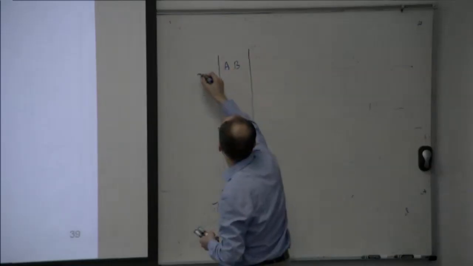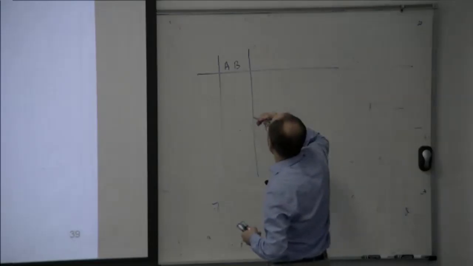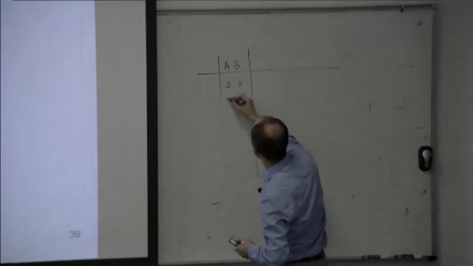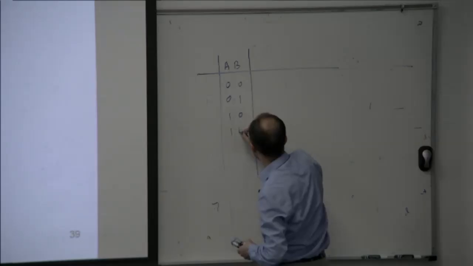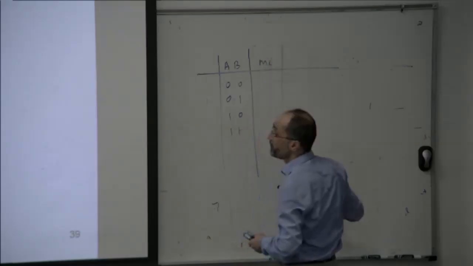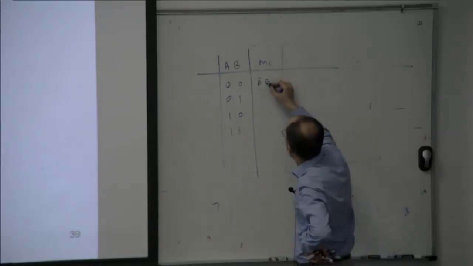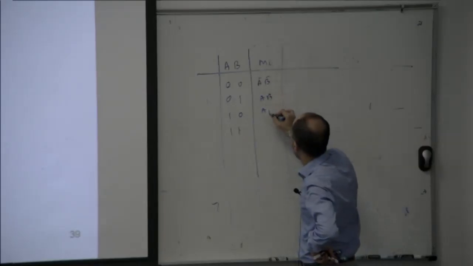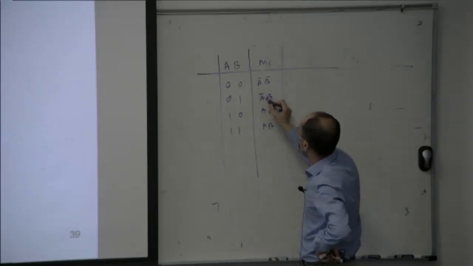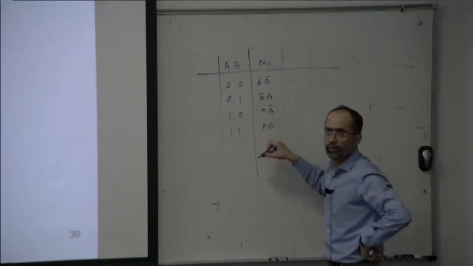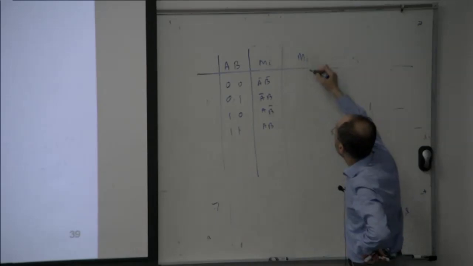A and B. 0, 0, 0, 1, 1, 0, and 1, 1. What is Mi, the min term? A bar, B bar. Then A bar B, A B bar, AB. 0, 1, 1, 0, 1, 1. Mi. Yes, please.